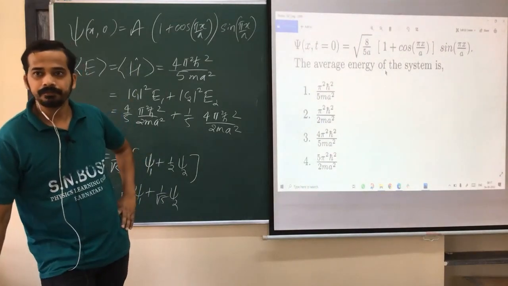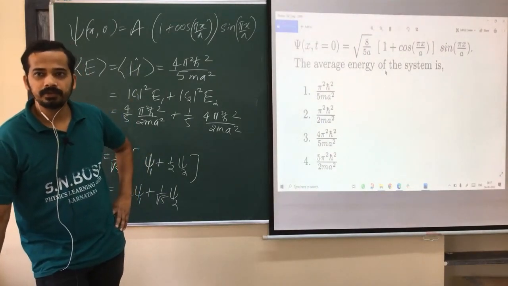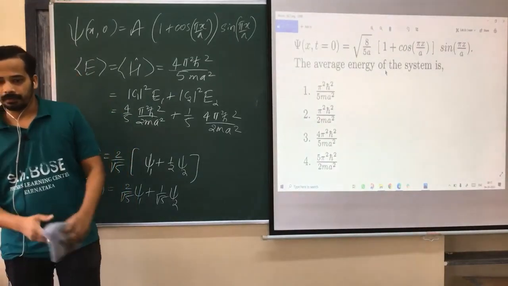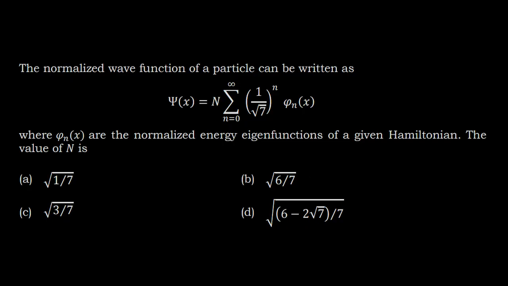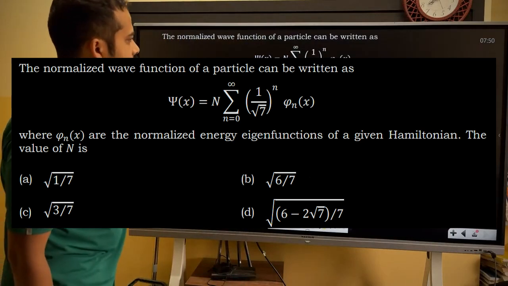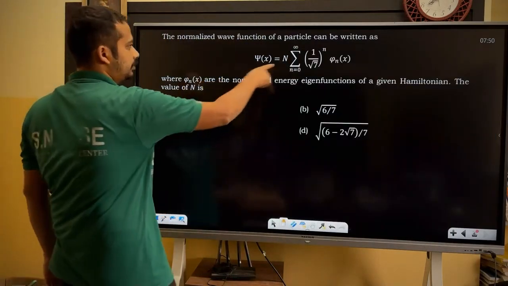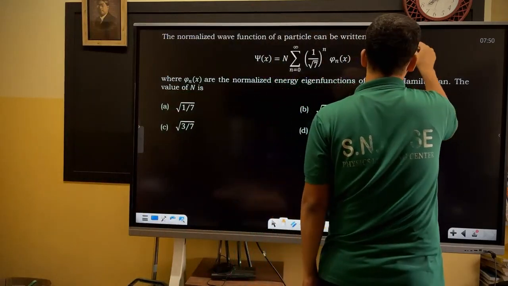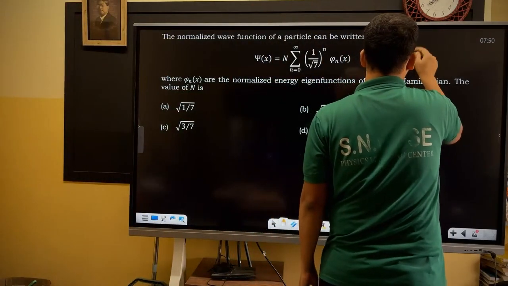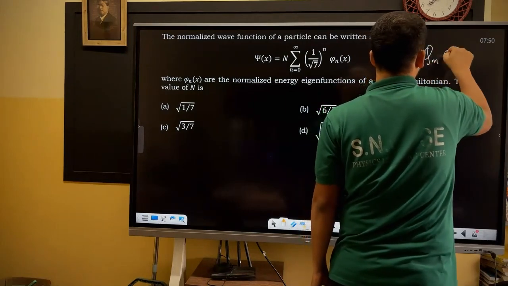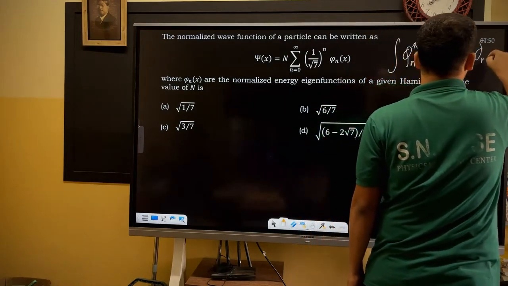Can you grab the points, the concepts? These are normalized eigenfunctions. Or you can take orthonormality: integral of phi n star phi m dx is equal to delta m comma n.